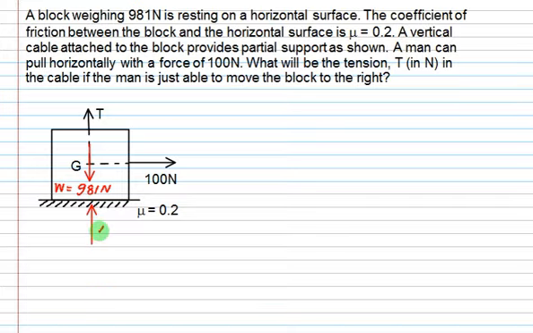Let's say the normal reaction is N. If we apply sigma Fy right now, tension is positive, 981 is negative. So what is the normal reaction N? That will be 981 minus T.